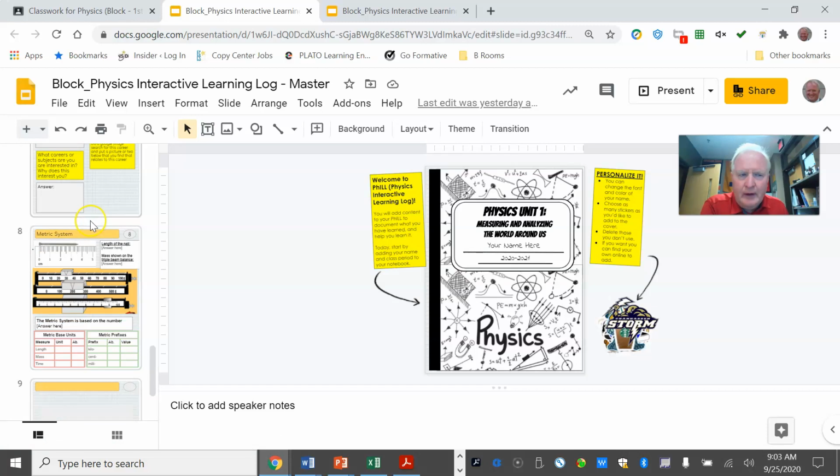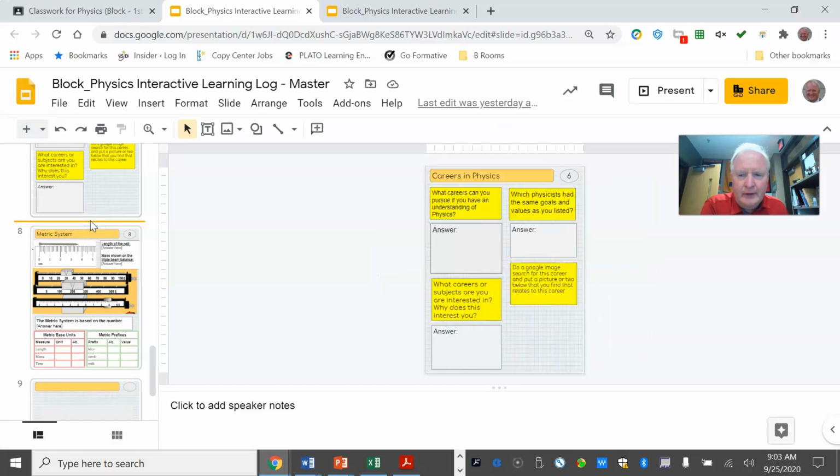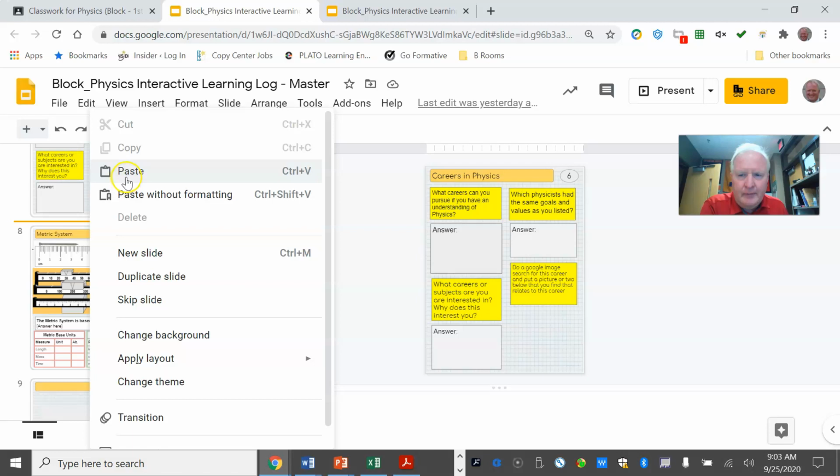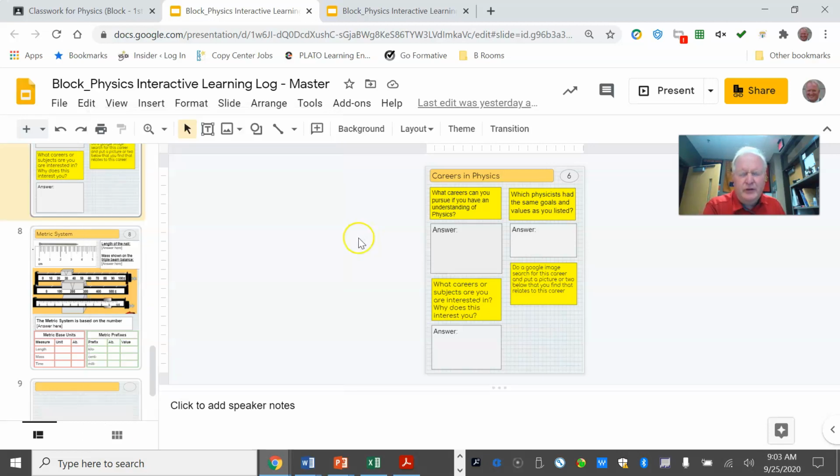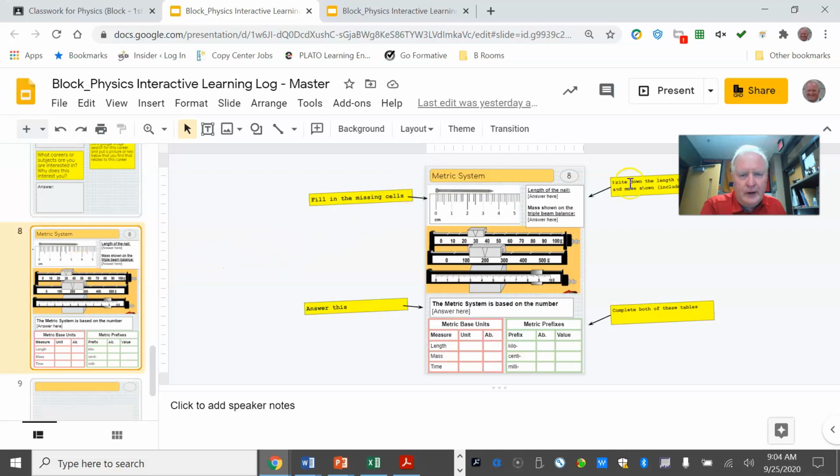I left click, so there's a line there, and then I right click and I paste. Okay, and then I can put that page in. All right. So those of you guys, Wednesday we had an introduction to the metric system, Go Formative. Most of you guys have done that already. So this page right here is just asking you to go ahead and fill in a couple more things from that lesson. All right, so that's what you're doing.